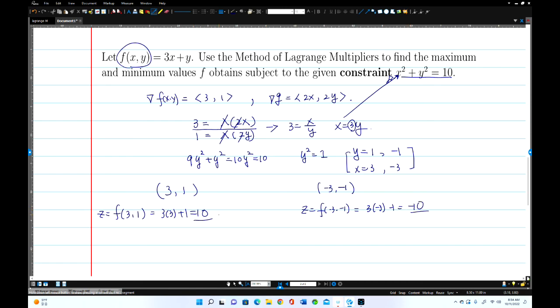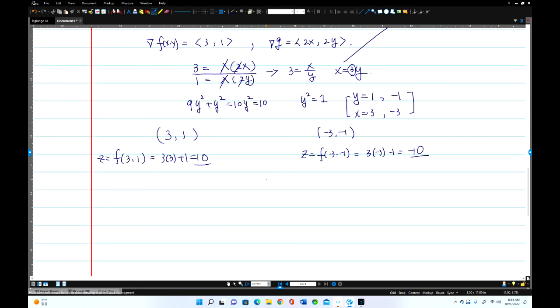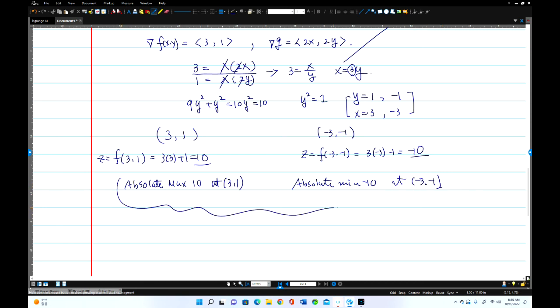This is the minimum, maximum. So we can say absolute maximum 10 at point 3, 1, absolute minimum negative 10 at point negative 3, negative 1. Okay, yeah, that's the answer.